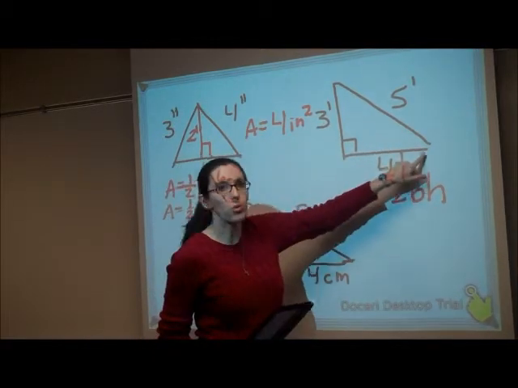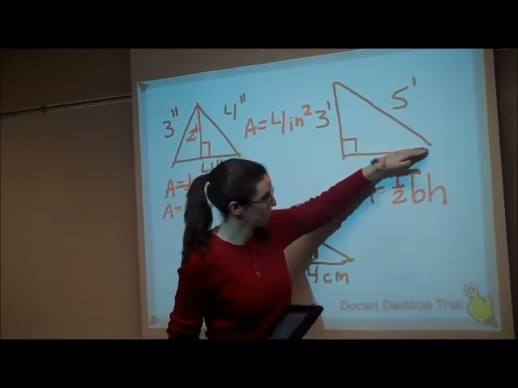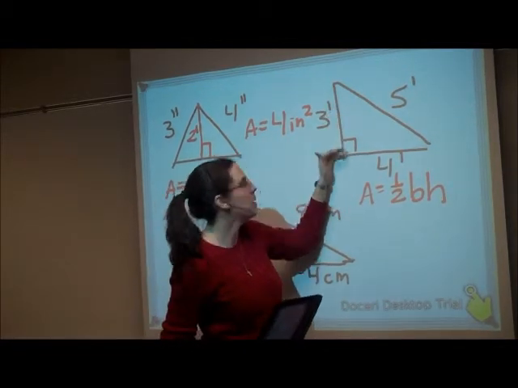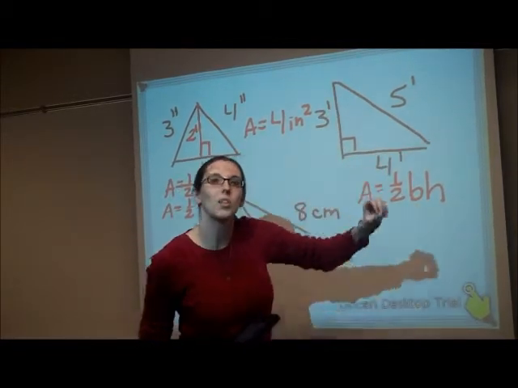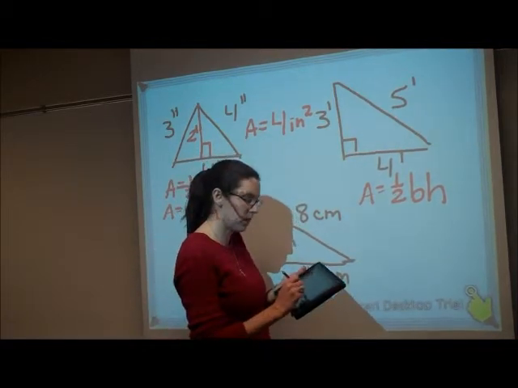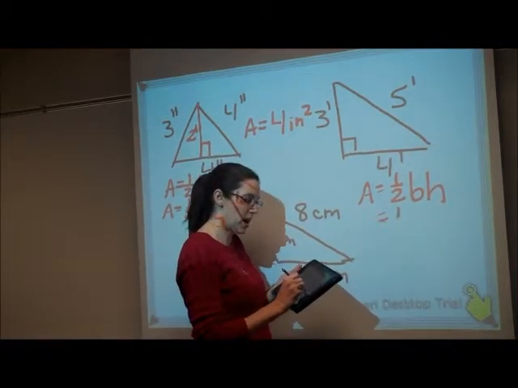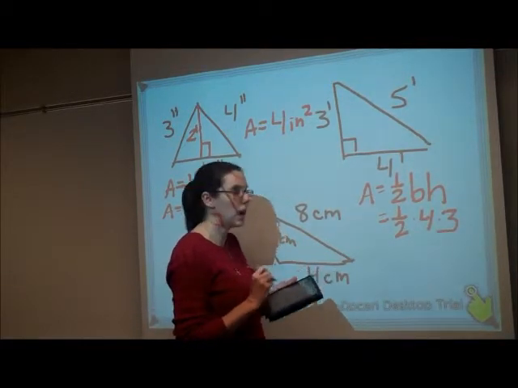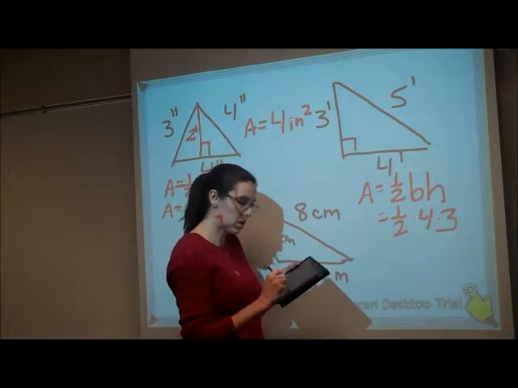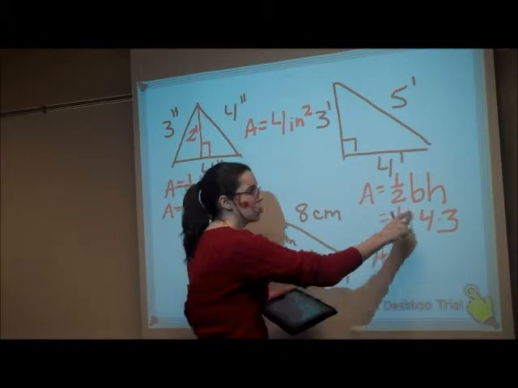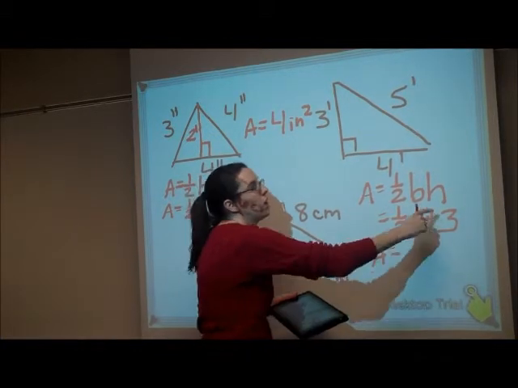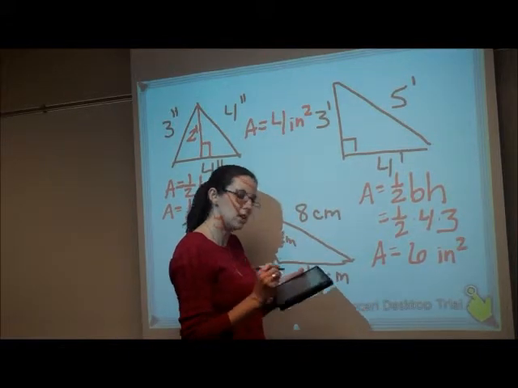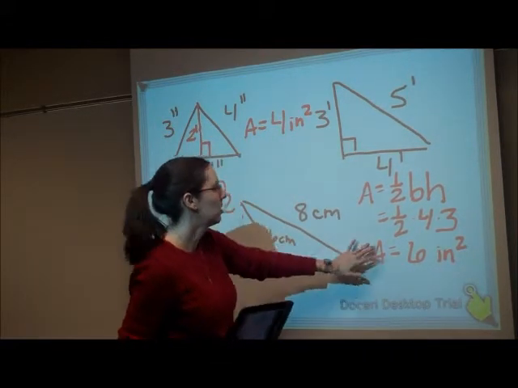So if I look at my 3 and 4, I can say that the 4 is the base and 3 is my height, or that the 3 is the base and the 4 is the height. Either way, I'll get the same answer. So I'm going to say that my 4 is the base, the 3 is the height. So multiplying those together, the area is 1/2 times 4, which is 2. 2 times 3 is 6. This was inches, and it's squared.